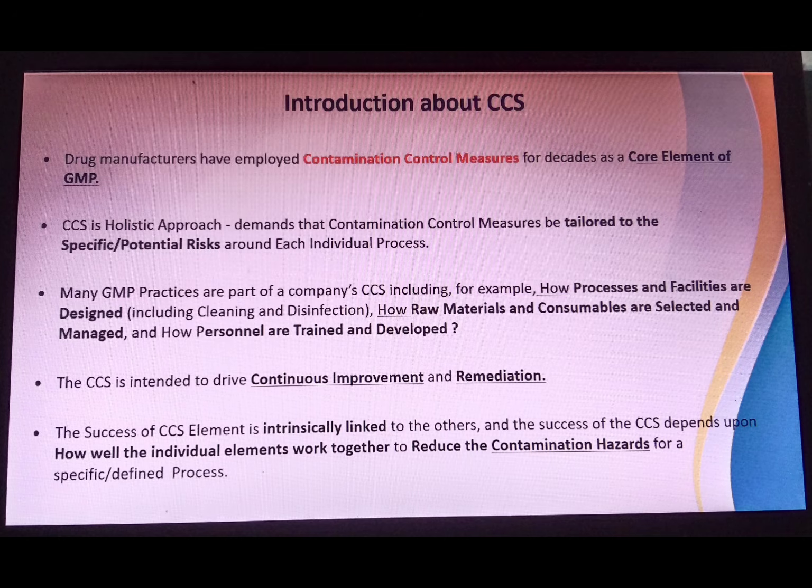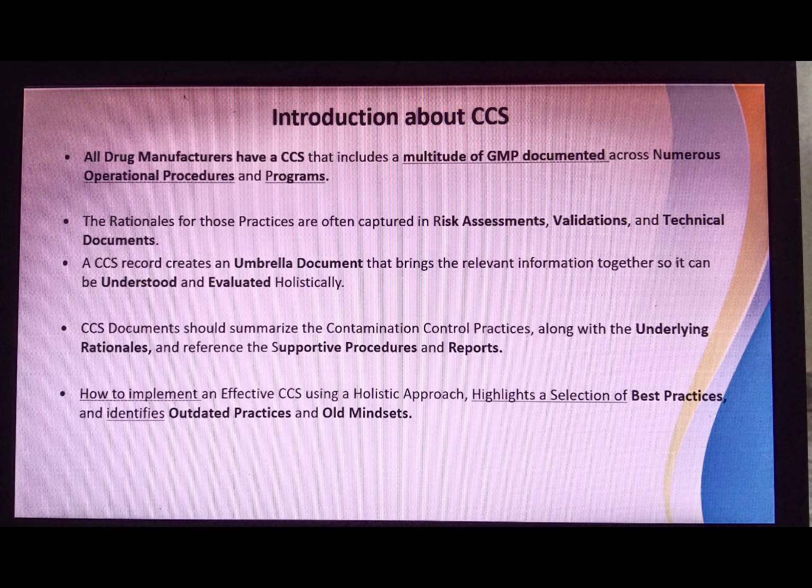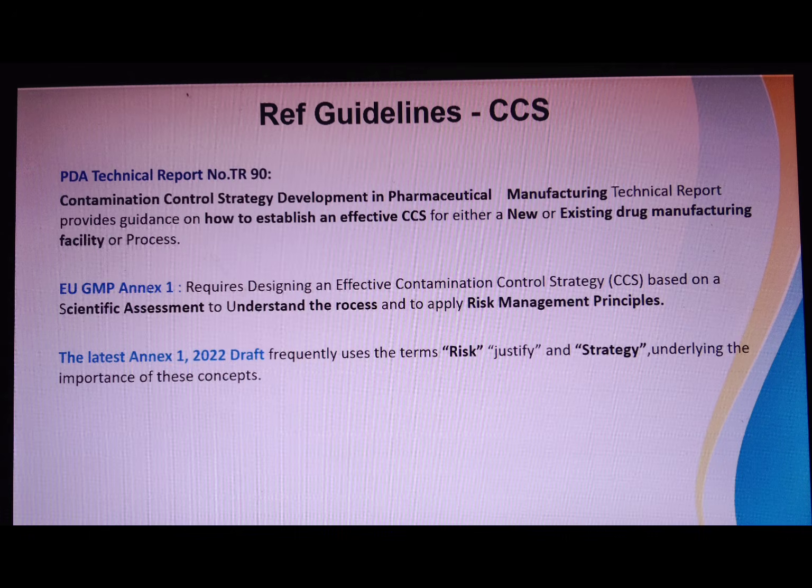Reference guideline for CCS: PDA Technical Report number 90, Contamination Control Development in Pharmaceutical Manufacturing. The technical report provides guidance on how to establish an effective CCS for either a new or existing drug manufacturing facility or process.